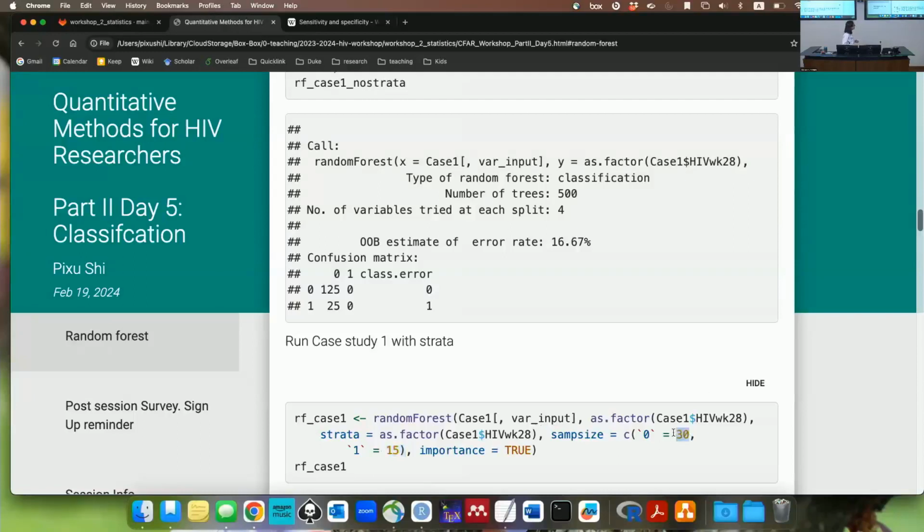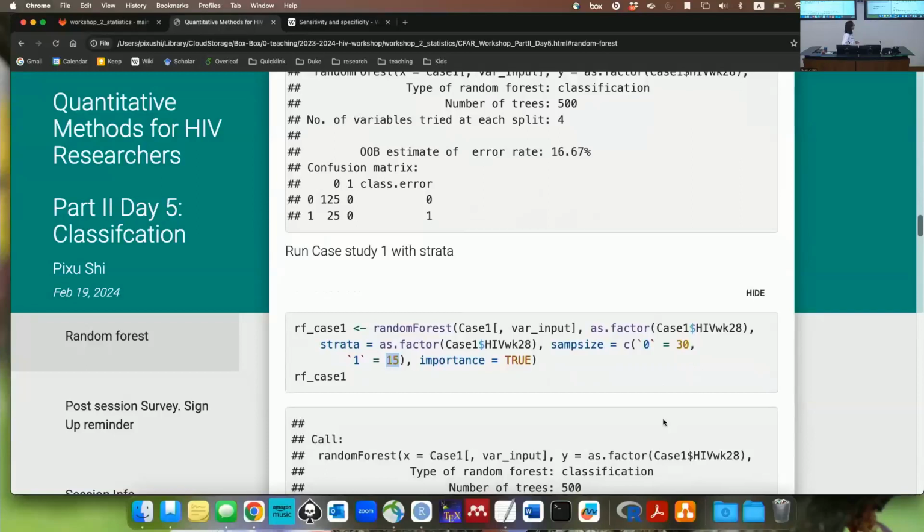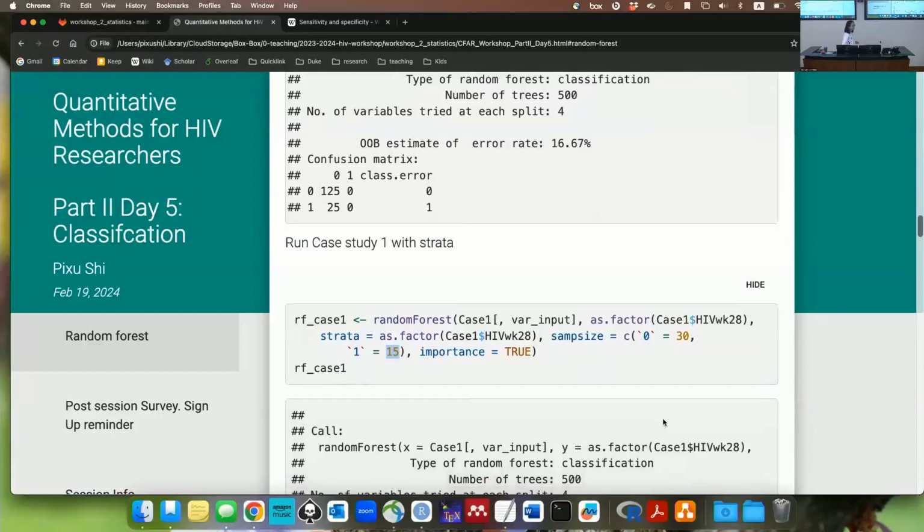And you try to make these two closer to each other because you want your training data for each tree to be balanced between the case and control. So these two numbers, you can specify them yourself depending on how much sample you have. Or you can make both of them the same, 15 and 15. You can do that, yeah.